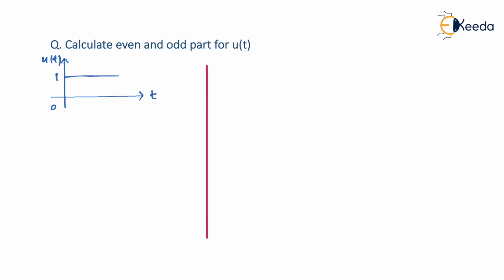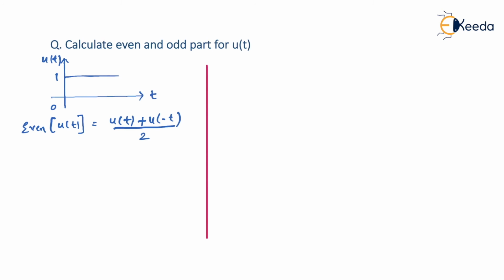I'm sure you must have noted down the formula, so I'll directly write the even part of u of t. It is x of t plus x of minus t by 2, so I can write this as u of t plus u of minus t, whole divided by 2.